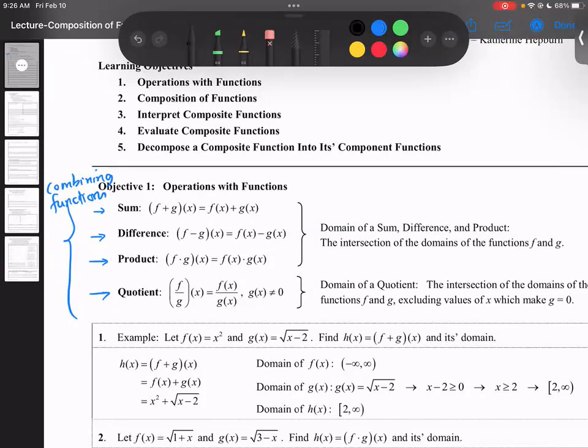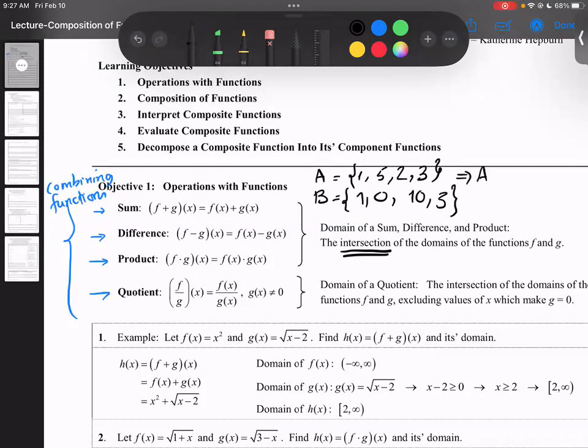All right, let me give you an example. Say the domain of function f, I call that set A. In set A, I have the numbers 1, 5, 2, 3. I just made up some numbers here. And then set B, the domain of function g, I have the elements 1, 0, 10, and 3.